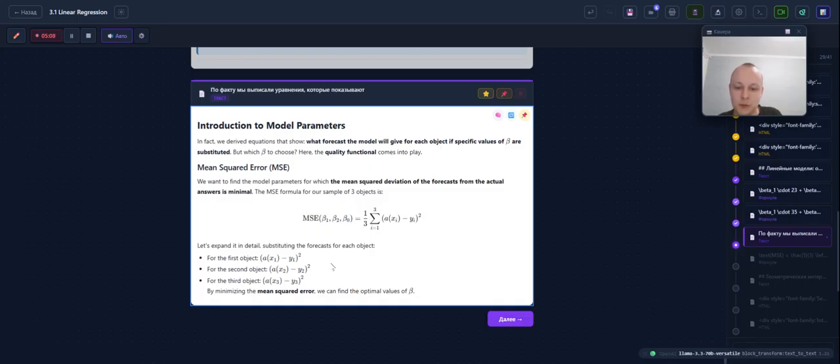What we will do, again, is substitute every object into our formula, sum the whole result and divide it by 3 to get MSE.